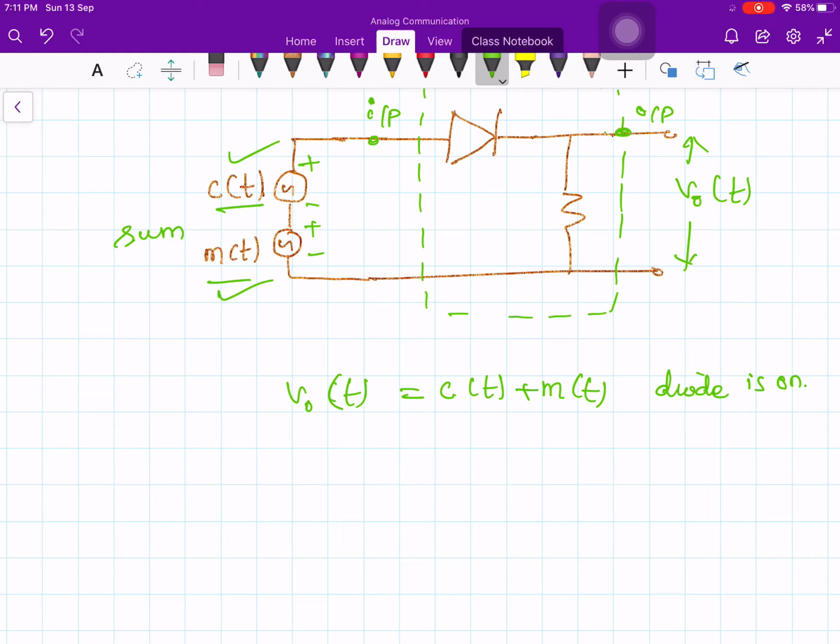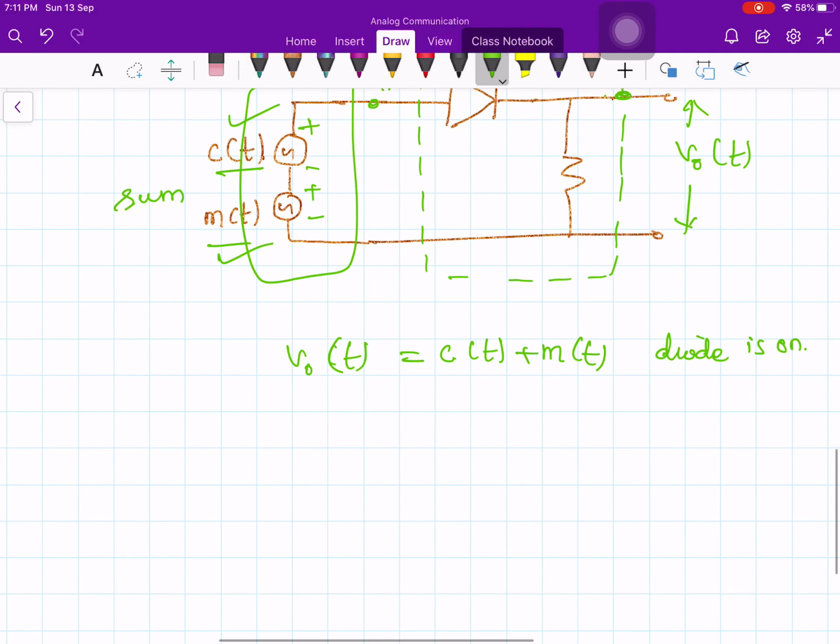What is the input voltage? The sum of these two signals that we are applying. When the diode is reverse biased, the output voltage is 0.